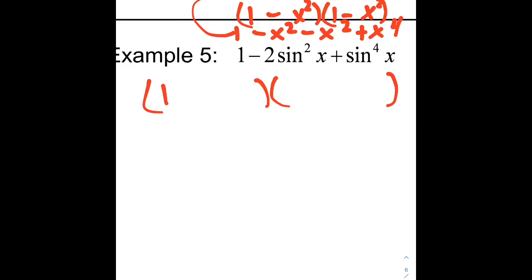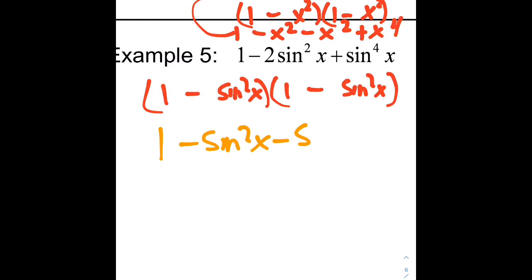So that is what I'm going to do here. I get a 1 by 1 times 1. I get a sine to the 4th by sine squared times sine squared. Next, they're both negative because if I would first, outer, inner, last it, I get back to what I started with.